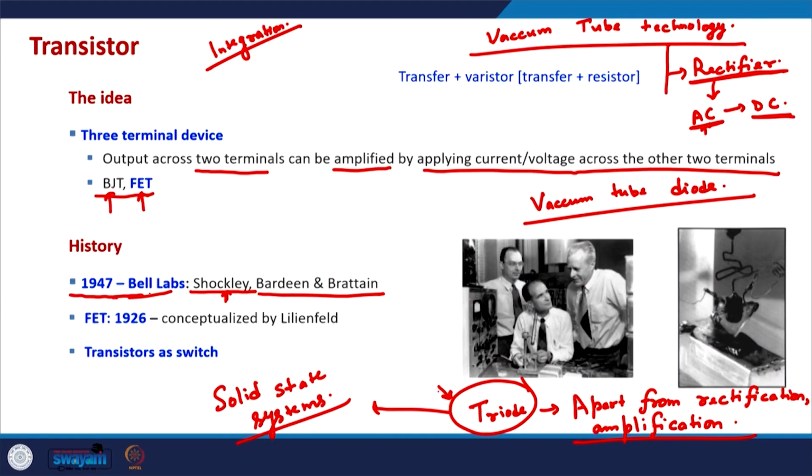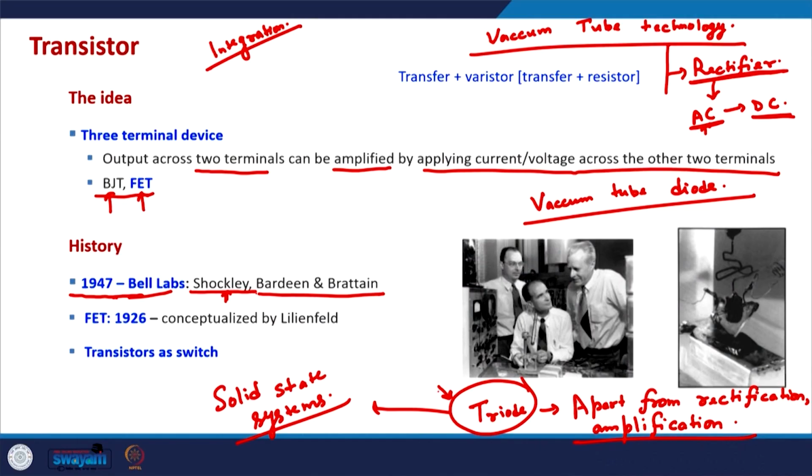faster, because even after the invention of the transistor, it was a challenge to connect various transistors and to achieve a defined functionality out of them. And in that sense, this BJT transistor was not so appropriate.